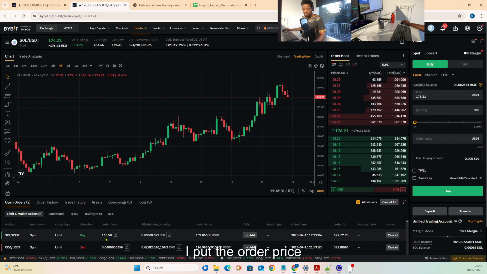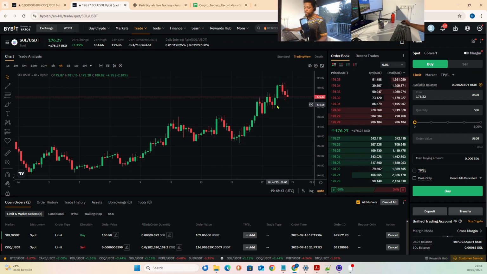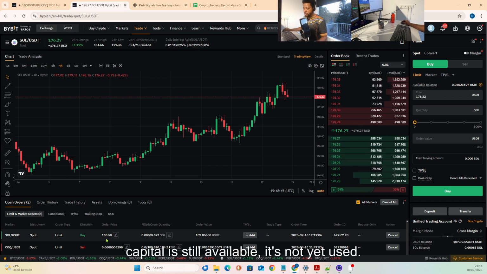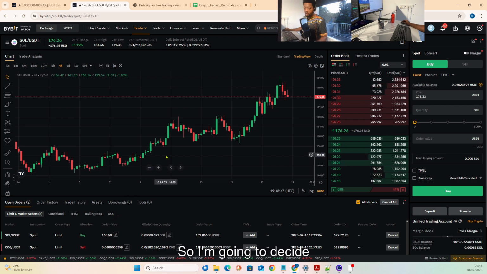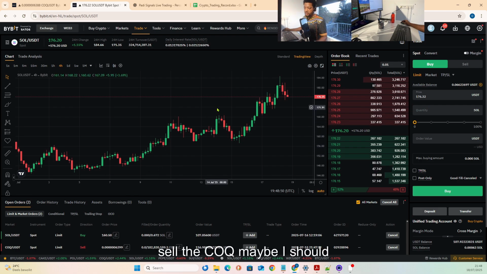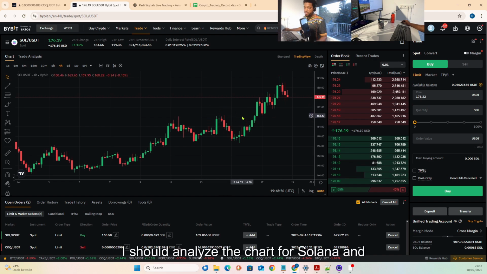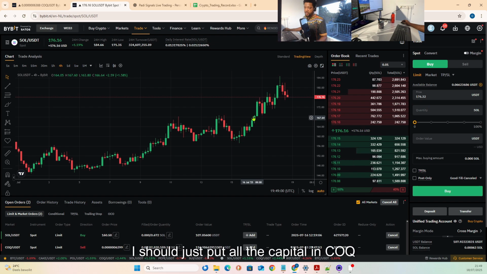I put the order price of $160, and it was not filled because the price went higher than what I thought. It didn't come down. So the capital is still available, not yet used. After I sell the COQ, I should analyze the chart for Solana and see if I should get in again, or just put all the capital in COQ.